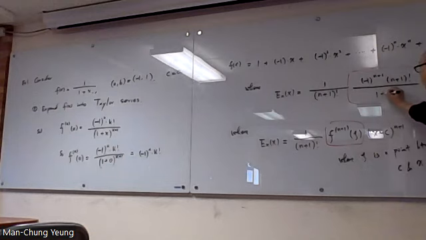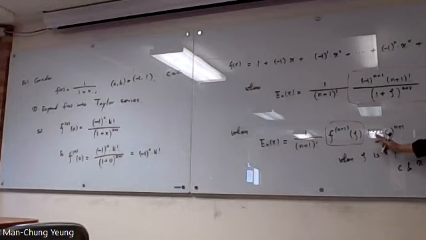So 1 plus psi to the power n plus 2, then times x minus c. c is 0, so times x^(n plus 1).